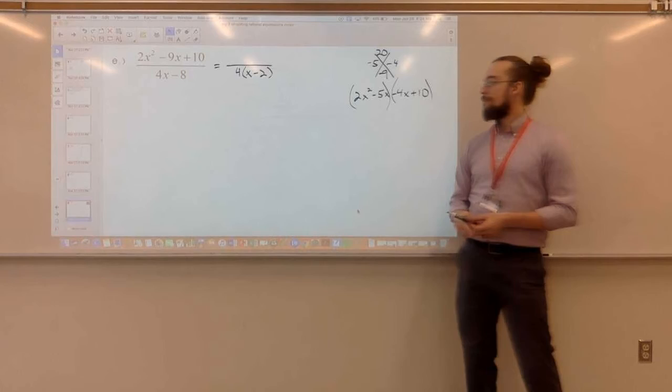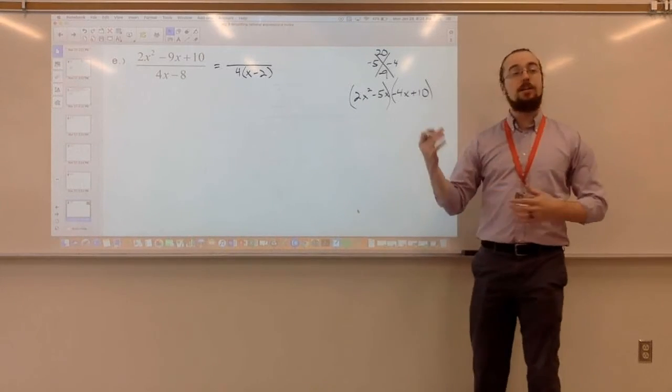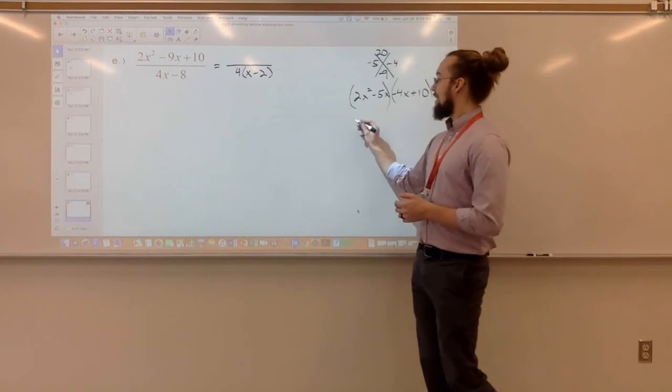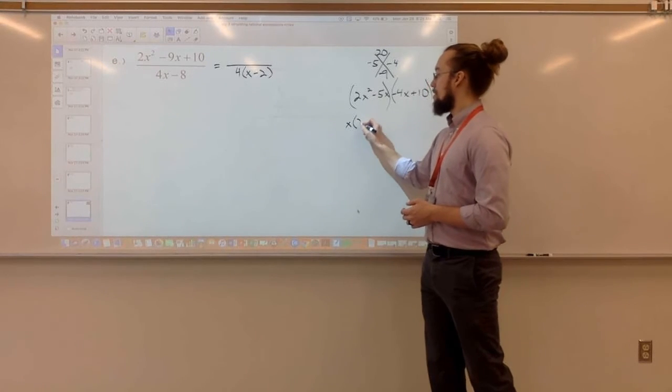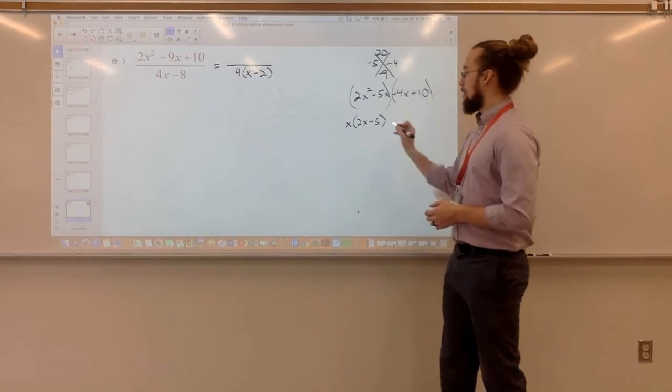No, there's no GCF between 2 and 5, so I can't take a number out, but I can take an x out of both of these. So I could say this is x times 2x minus 5.